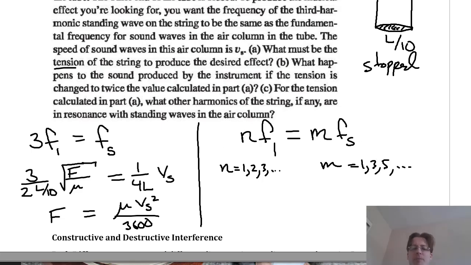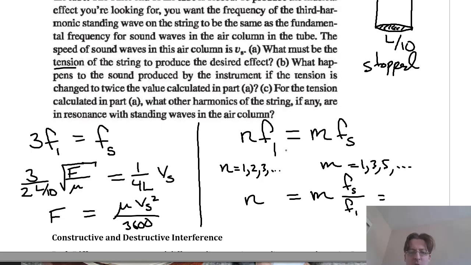So we can look at all the different M values for the air column and see what the corresponding values of N are going to be. Okay, so let's see what we have. Well, we've got N is equal to M, odd integers, multiplied by the fundamental in the tube, divided by the fundamental of the string.